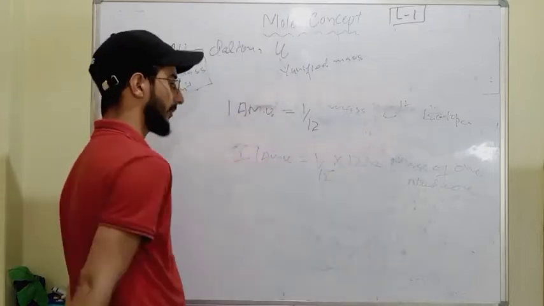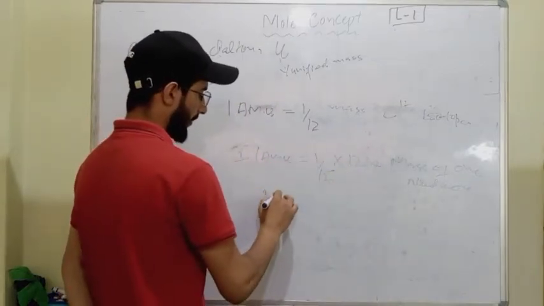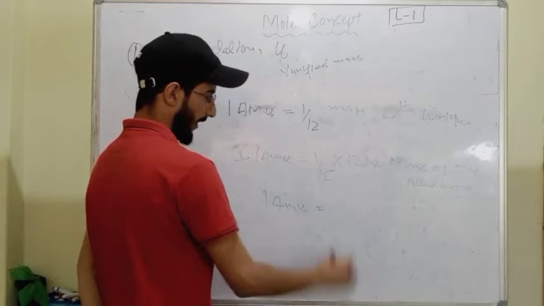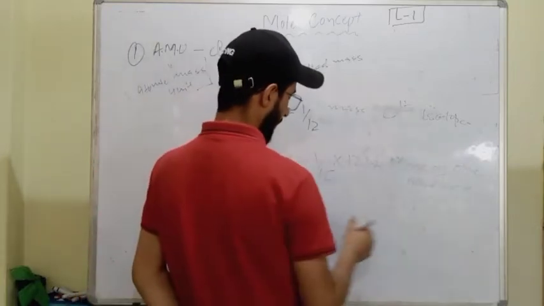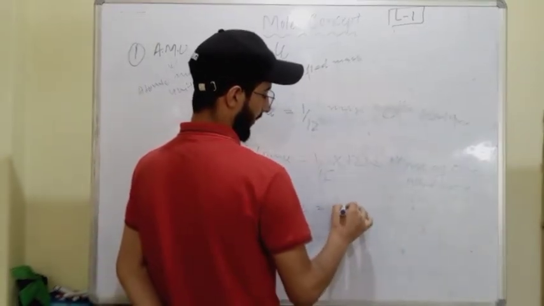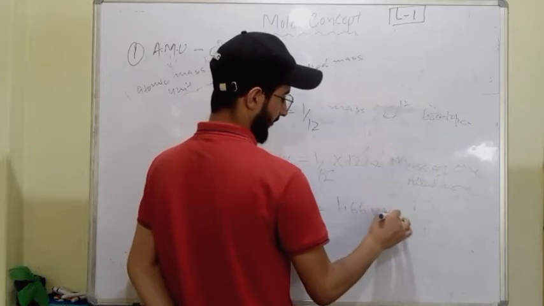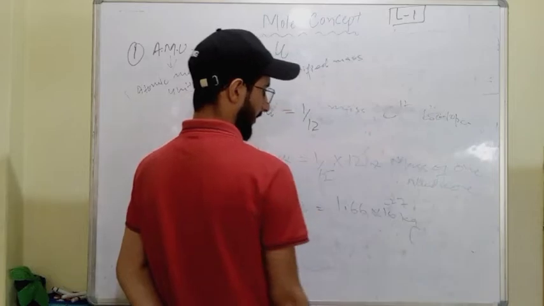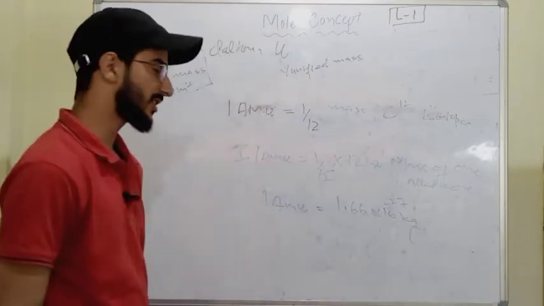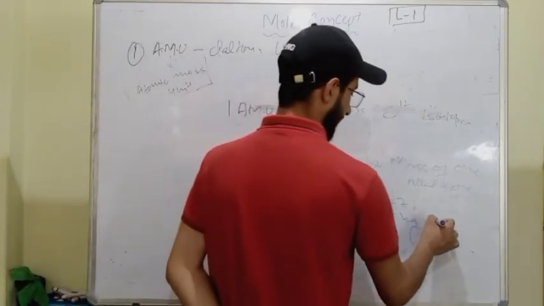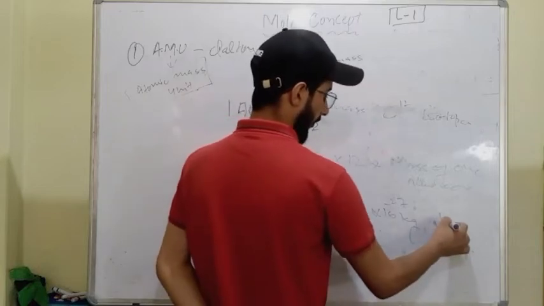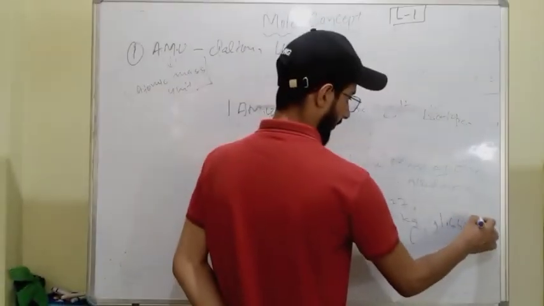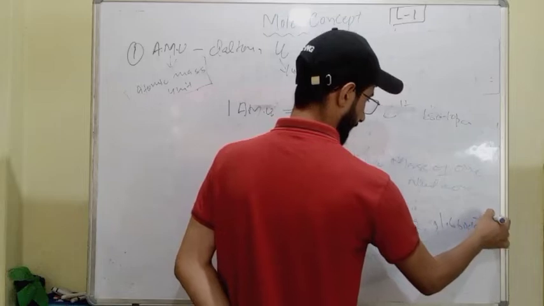This 12 and this 12 will cancel, and 1 AMU will be equal to the mass of one nucleon. It is approximately 1.66 into 10 raised to the power minus 27 if I am calculating it in kg, or if I am calculating it in grams, it will be 1.66 into 10 raised to the power minus 24.